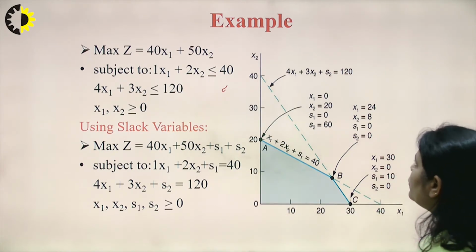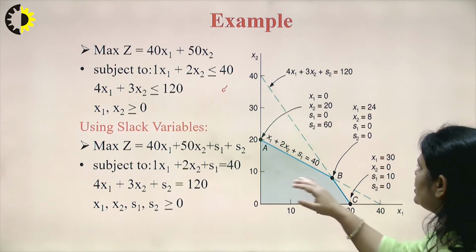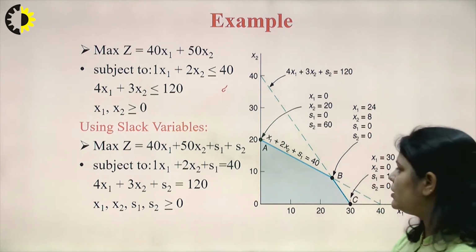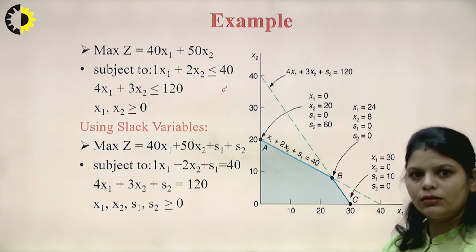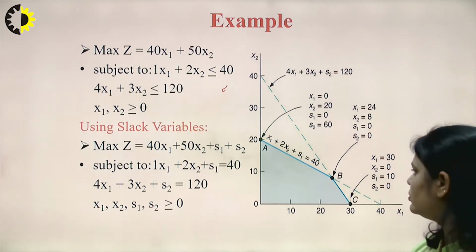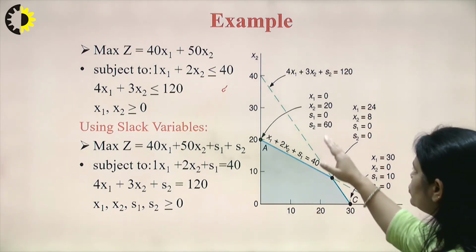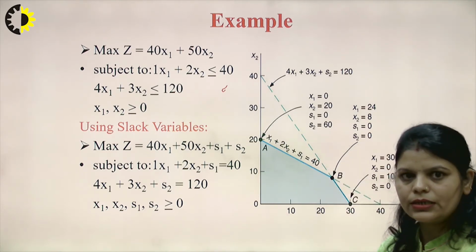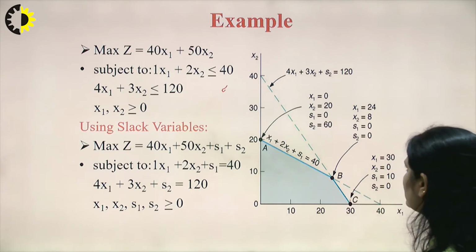Clear? Now we can see in this graph that these two lines are intersecting at a point B, and this point B is known as the intersecting point. Clear? So using these two equations we can find out the value of coordinates at this intersecting point.